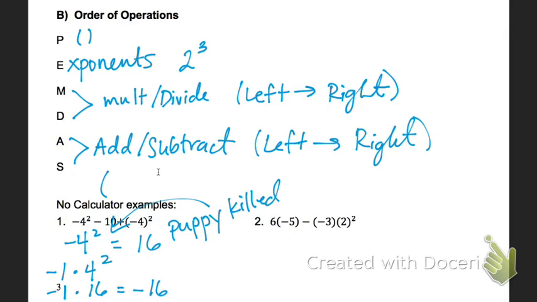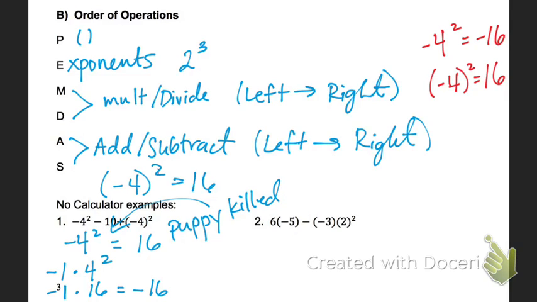If I had negative 4 squared, then that would be a positive 16 because the negative 4 is in parentheses. Okay, so let me write this out to the side and let me show you the two ways. Negative 4 squared is negative 16. Parenthesis, negative 4 squared is a positive 16 because it's in parentheses.